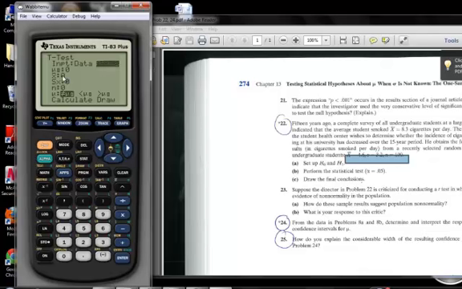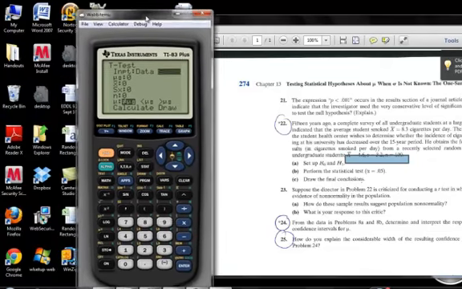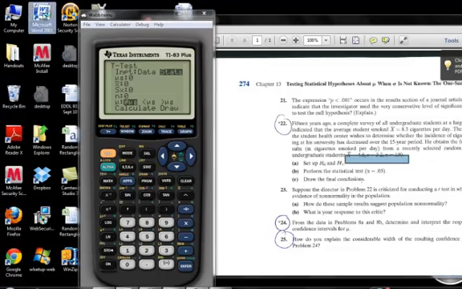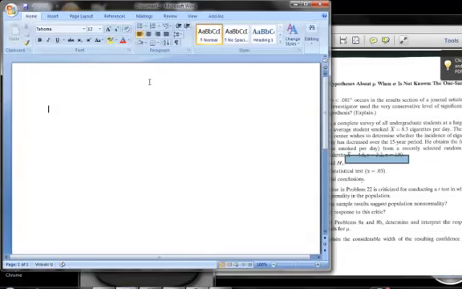The calculator now asks you to put in a few things. This one stands for the number in your null hypothesis, so we should go write our null hypothesis in a moment. This one stands for your sample mean, your sample standard deviation, and the final one is your sample size. So I'm going to open up a Word document because I haven't figured out how to use the writing instrument on my tablet PC.